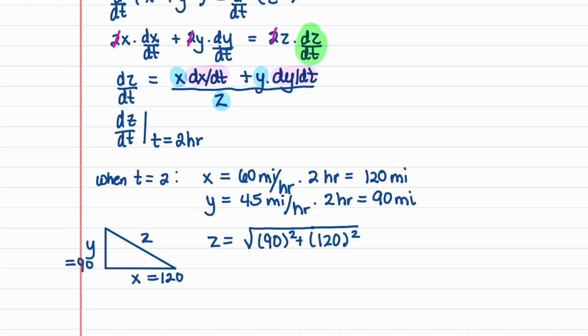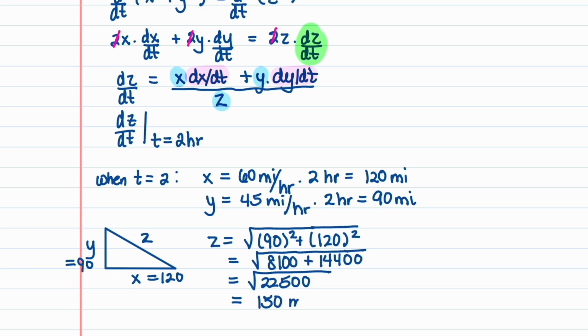I'm leaving off units just for a minute. So this is the square root of 8,100 plus 14,400. And then this is the square root of 22,500. And that actually is a nice number. That turns out to be 150. And then we'll put miles for our unit.